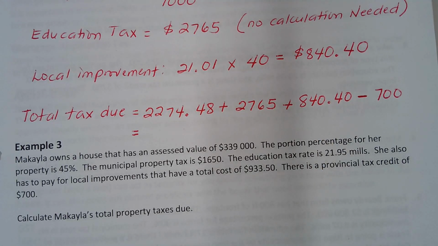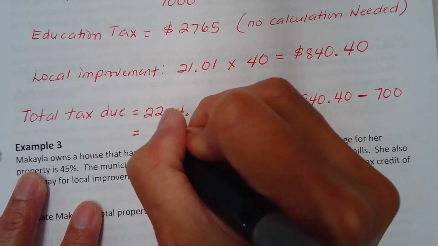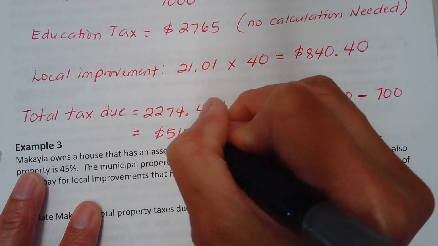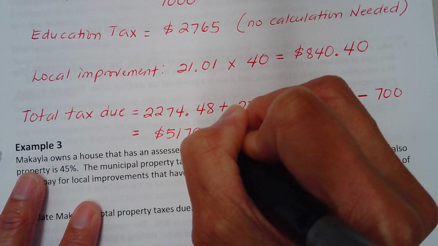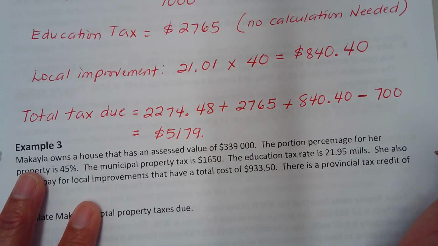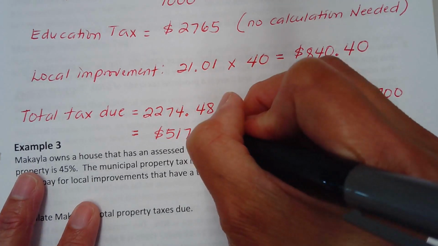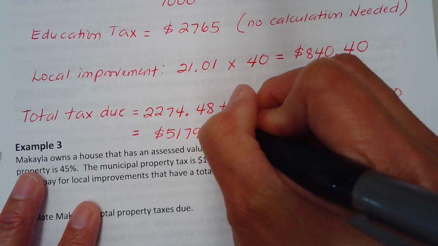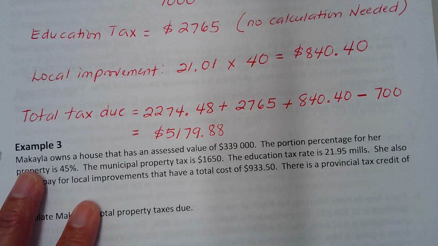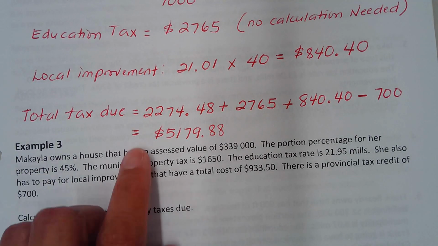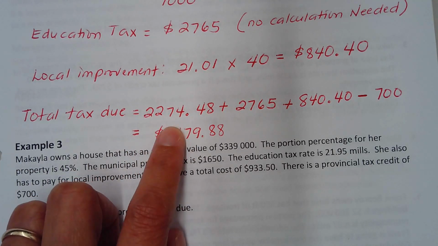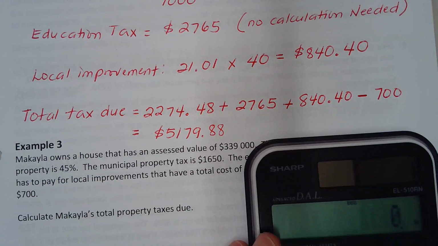What you get? $179.20. 880. $22.74.48. Let me take a look at that one again.